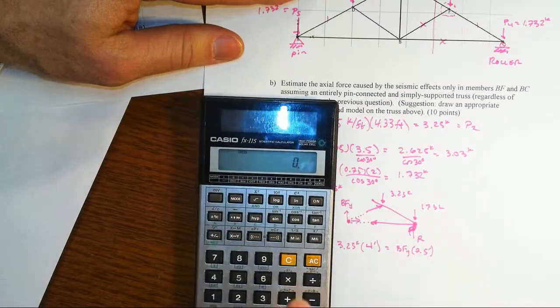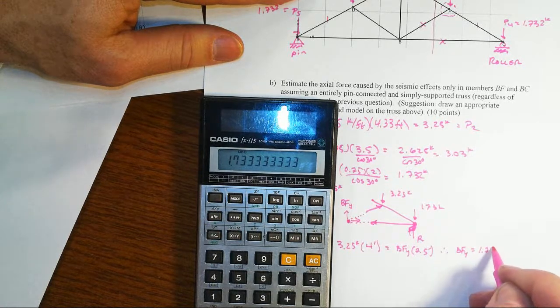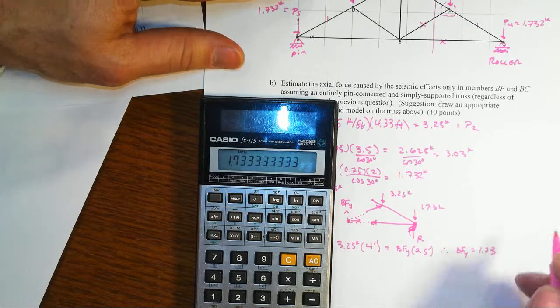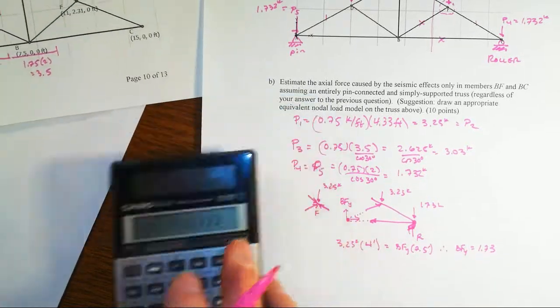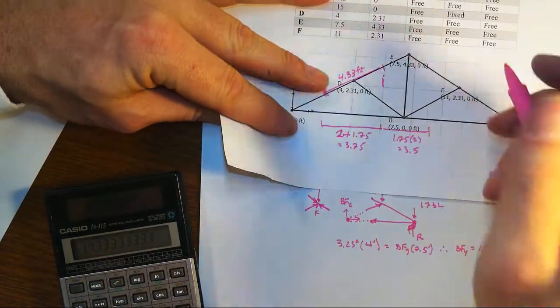And so 3.25 times 4 divided by 7.5, and then therefore BFY equals 1.733. Man, that's awfully doggone close to square root of 3. That's kind of interesting. Don't know why that would be the case. And then I got to figure out then its angle and all that kind of stuff.